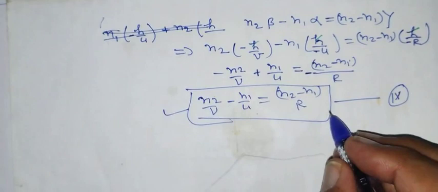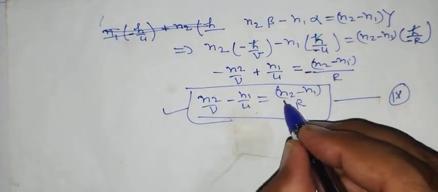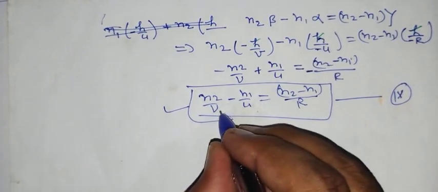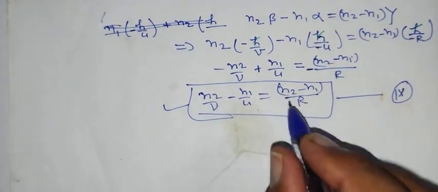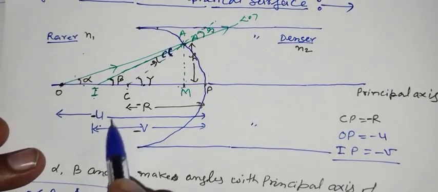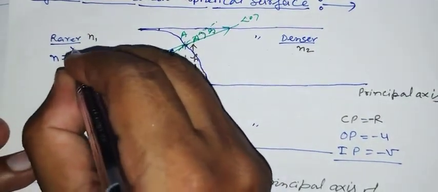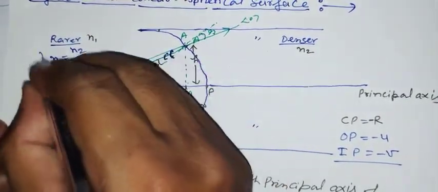By using relation number 9, we can obtain the relation among all four quantities: U, V, R, and refractive index n, which is equal to n2 by n1.